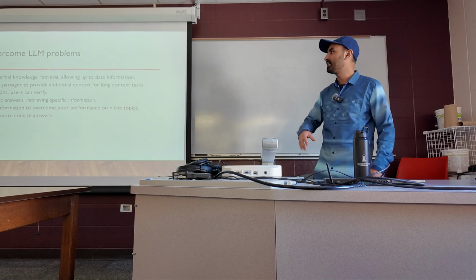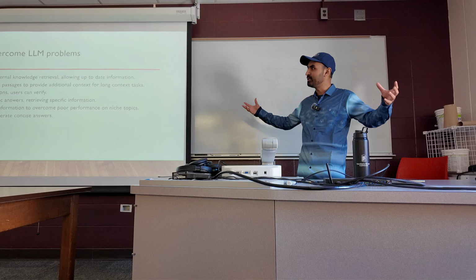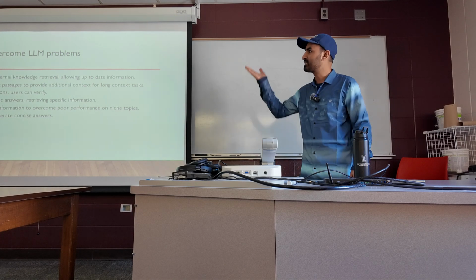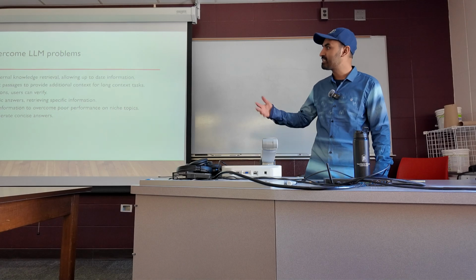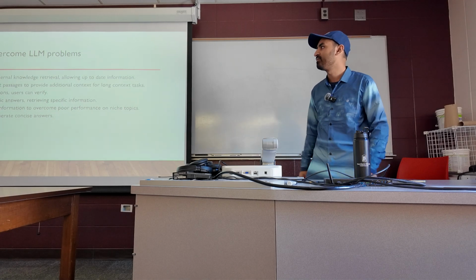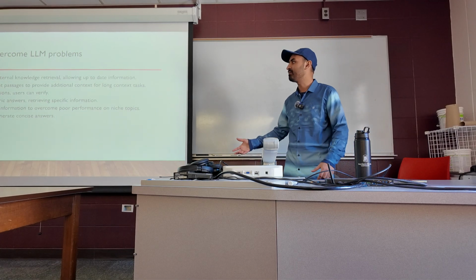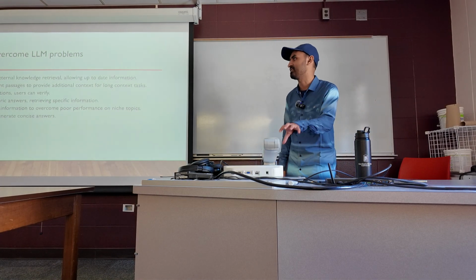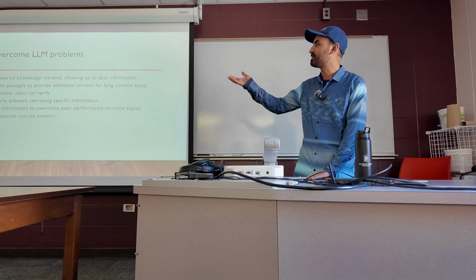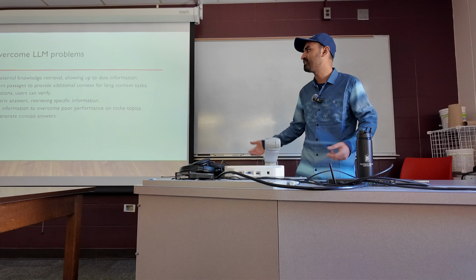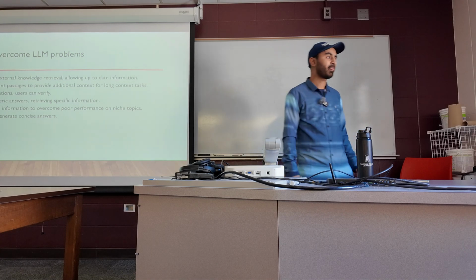Earlier we saw that if the sentence is very big or long, LLM performance is not good. So for long context, RAG performs well. It can provide citations, so the user can verify. It overcomes the generic answer or verbose answer. RAG can provide a little more precise answer, and it extracts specific information to overcome poor performance on niche topics. It encourages generating concise answers.